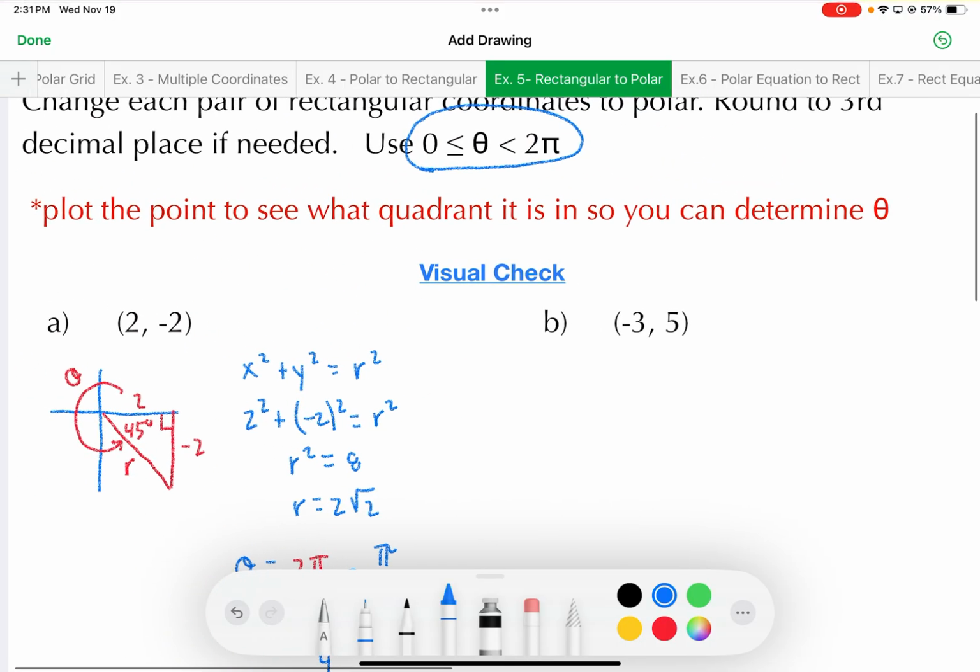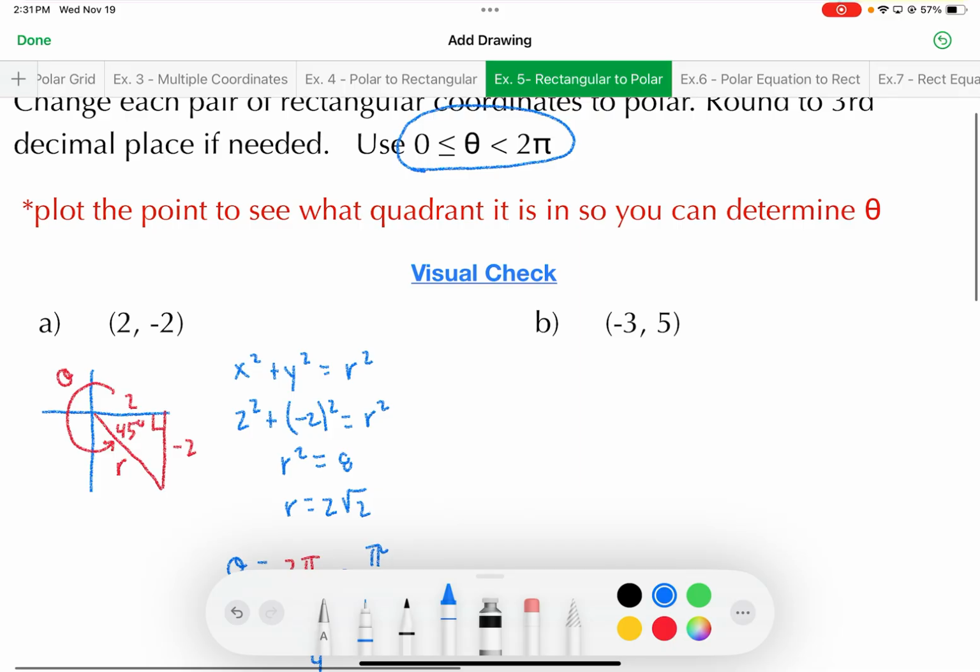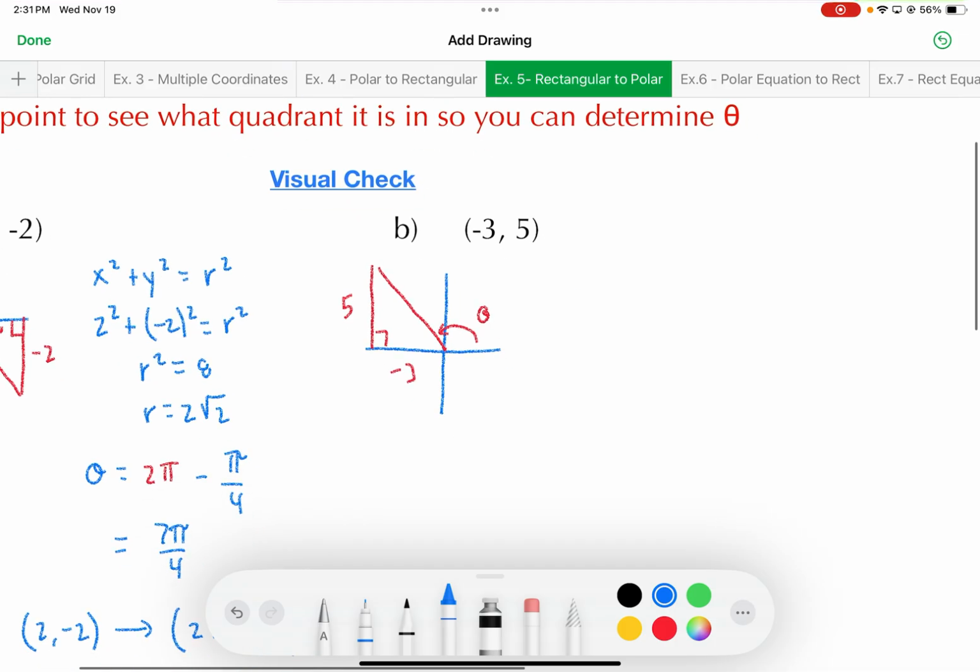Okay, now let's do the next one. Negative 3, 5 puts you in the second quadrant. And this is the angle theta that I'm after. So let's get r first. x squared plus y squared equals r squared.